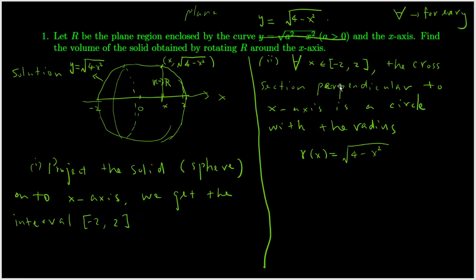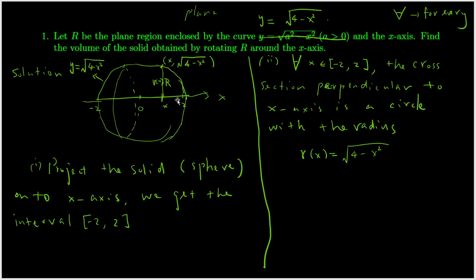Then for each value of x on the interval, x can be anywhere between -2 and 2, we get the area of the cross section. The cross section is obtained by using a plane perpendicular to the x-axis to cut the solid. Imagine that's a potato, or a watermelon.